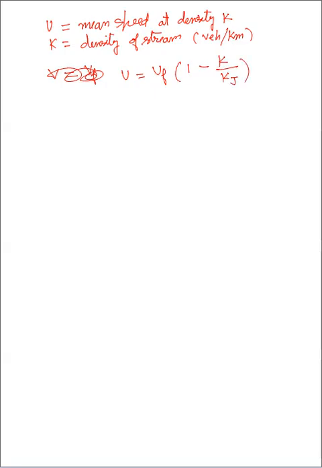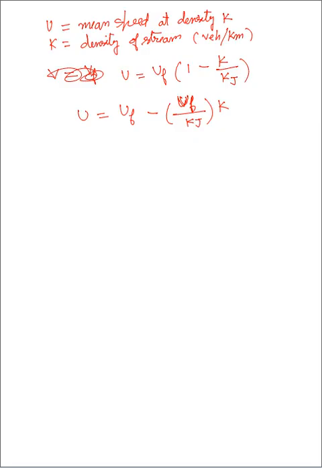Kj means jam density, and uf is your maximum speed, that is free mean speed. So u is equal to uf minus uf upon kj into k. So there are some formulas which you can remember for directly solving the questions.